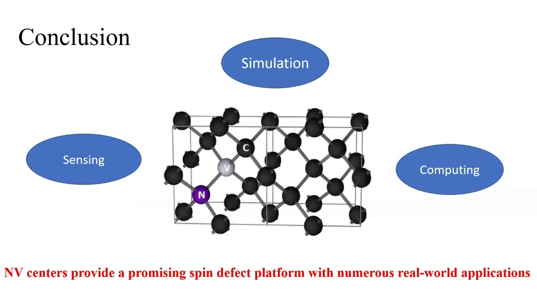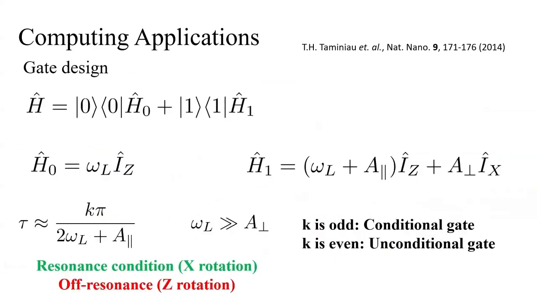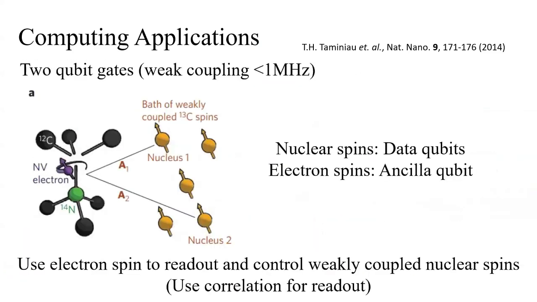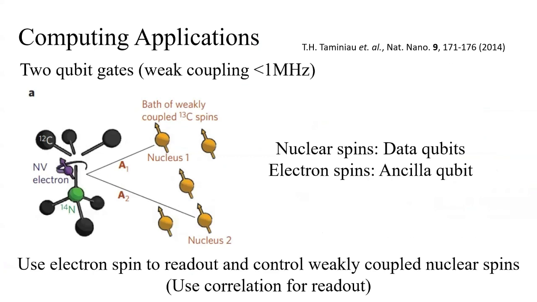Speaking of a single qubit, is it possible to couple two different electron spins? In this presentation, you talk about coupling electron spins with multiple nuclear spins, right? But is it possible to couple two electron spins?